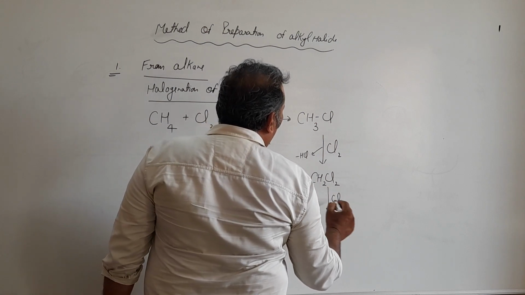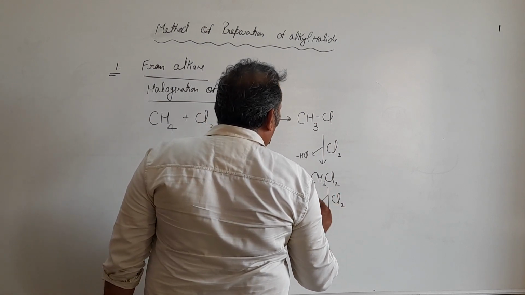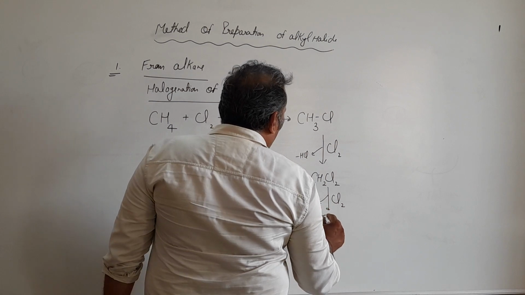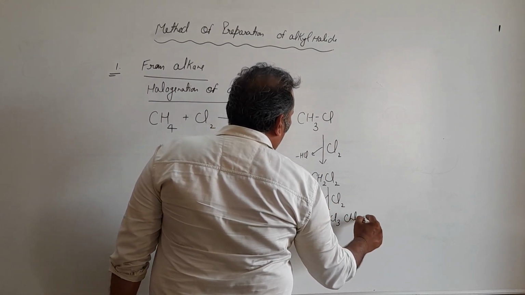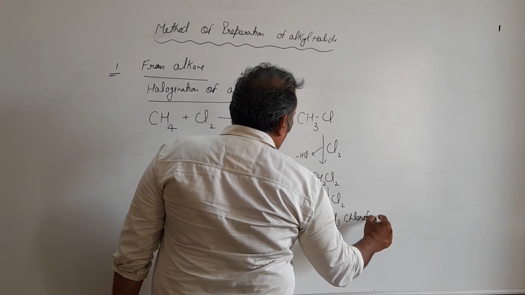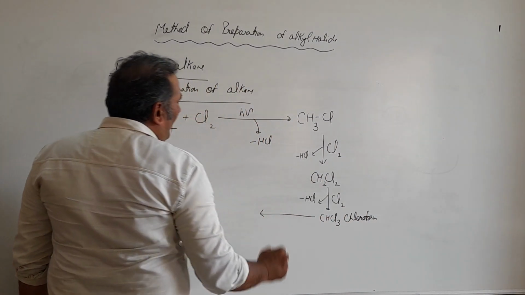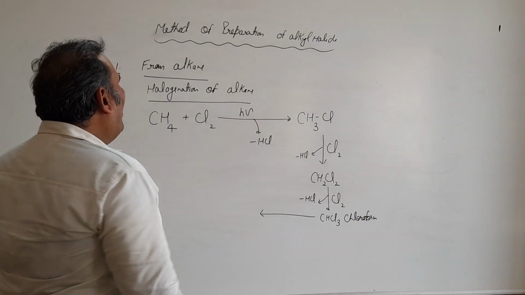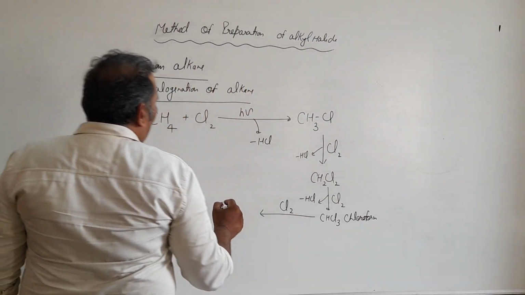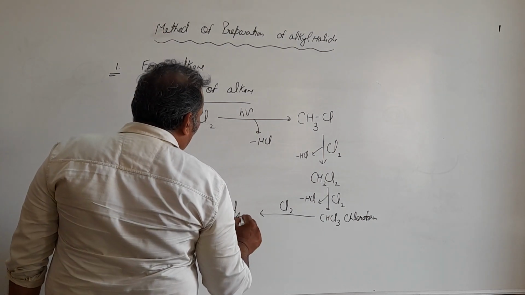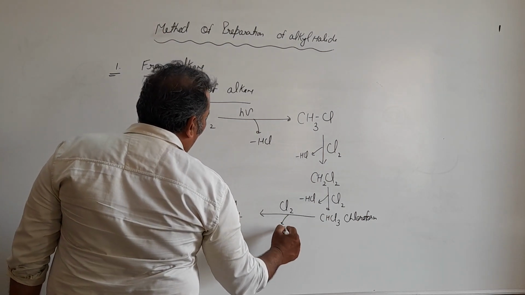Again Cl2 will react, again one HCl will be removed, and we will get CHCl3. That is chloroform. And when this chloroform again reacts with Cl2, we will get CCl4, and again HCl will be removed.